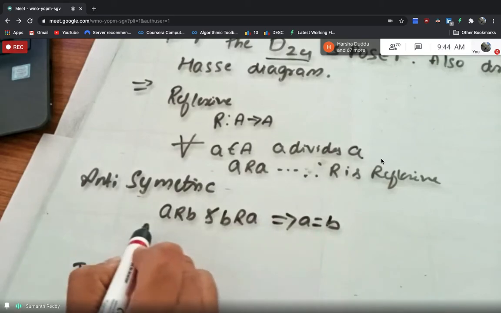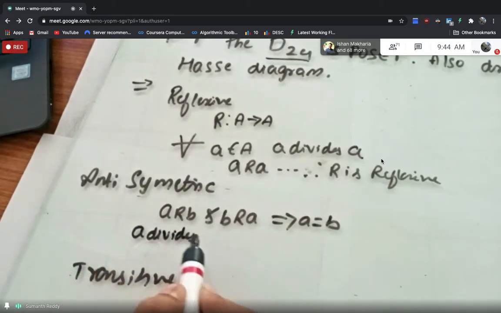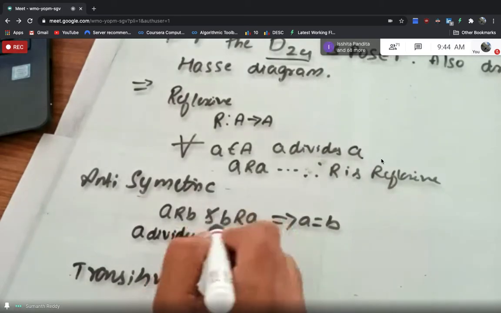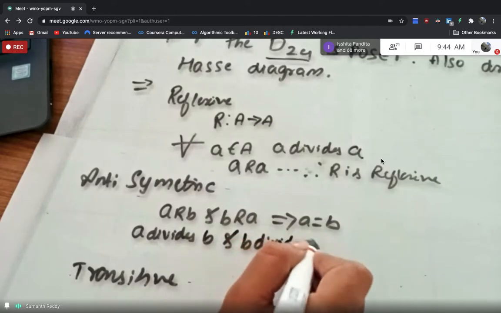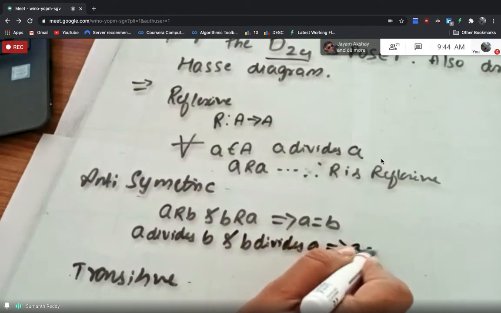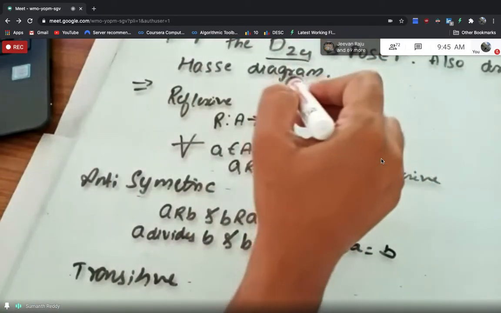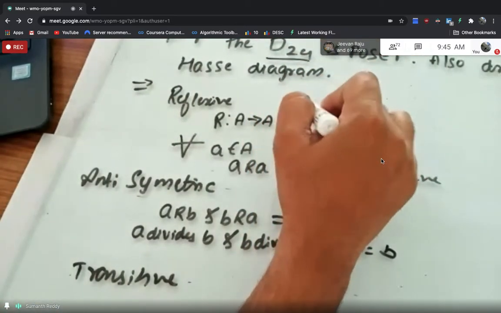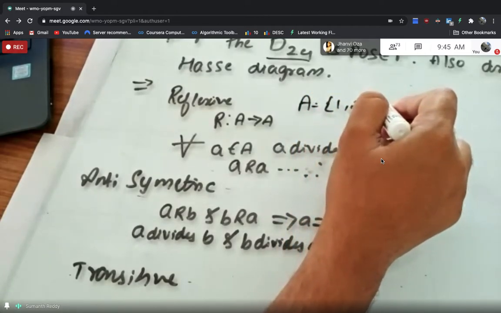Similarly, if a divides b and b divides a, then only a and b should be equal. For example, in the divisibility relation D24, the set A will have elements like 1, 2, 3.